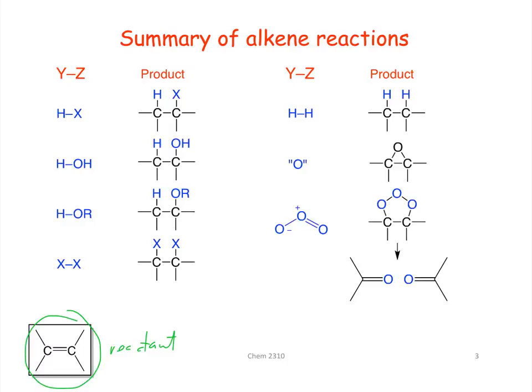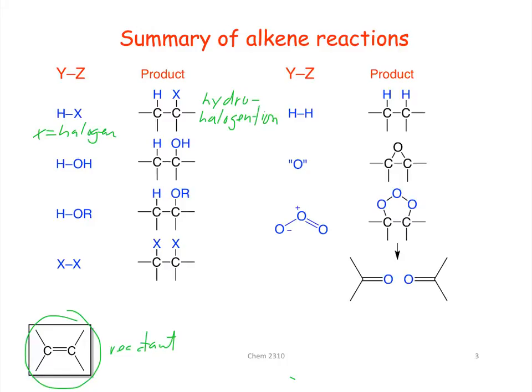All right, so let's look at what we've got here. So in the first reaction in the upper left, X here is going to be a halogen. This is what we saw before, HBr adding across the double bond. This is sometimes called a hydrohalogenation.